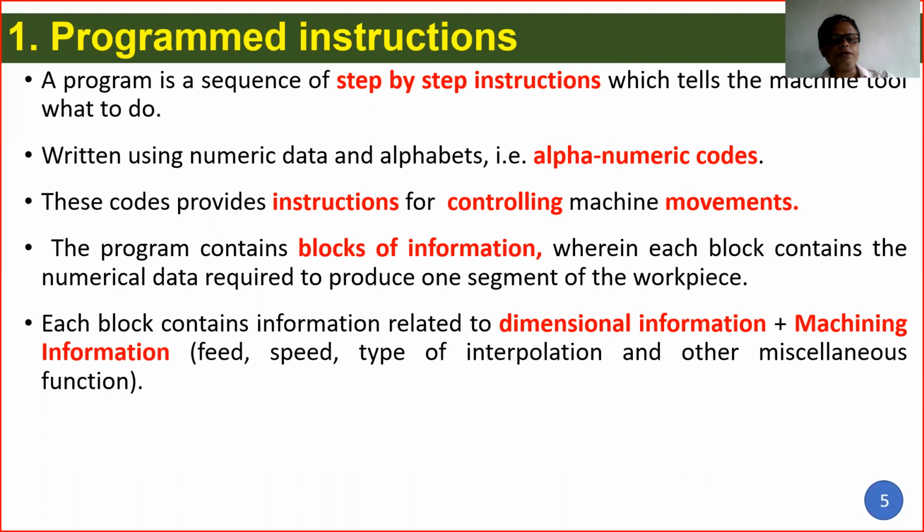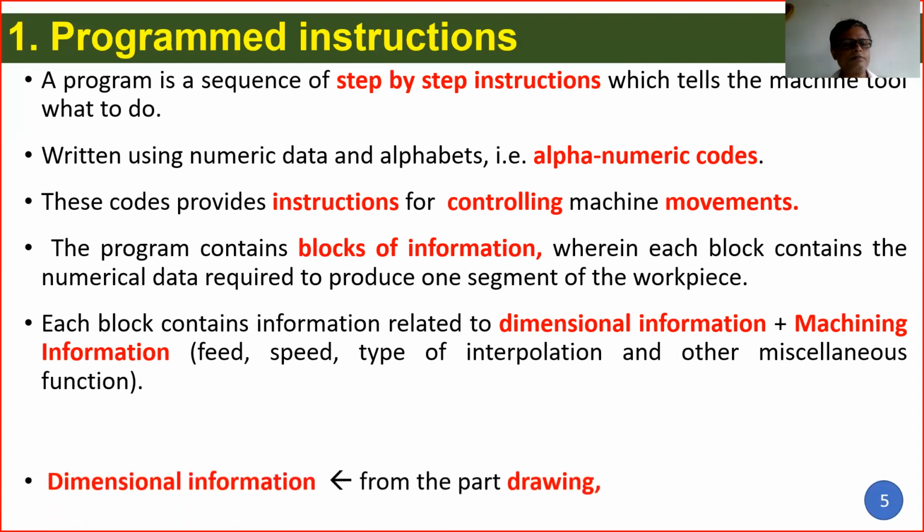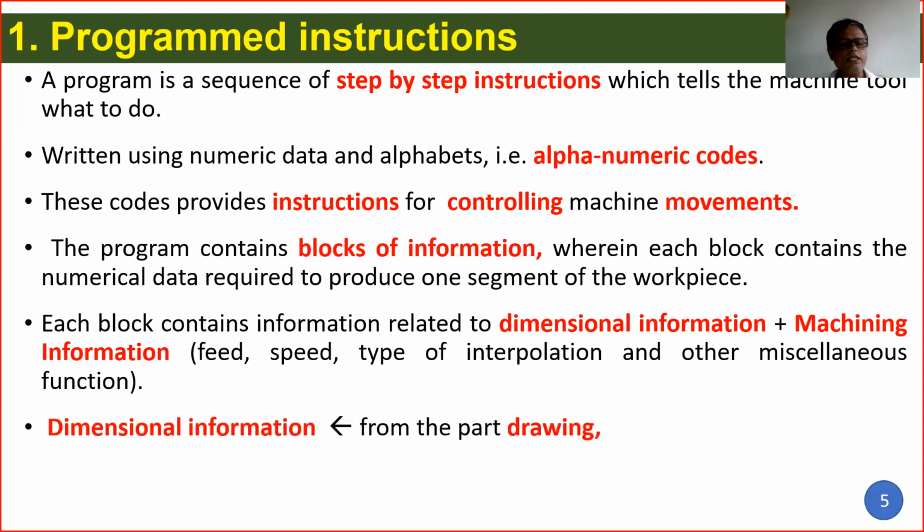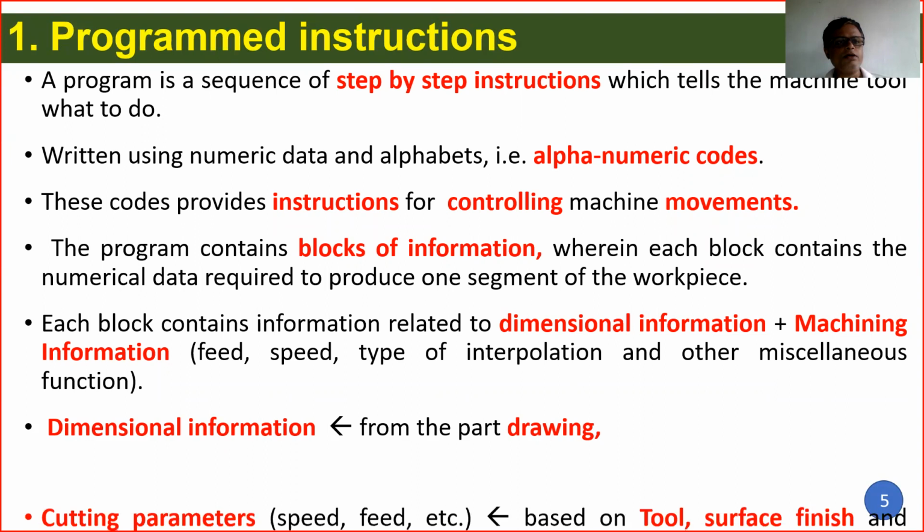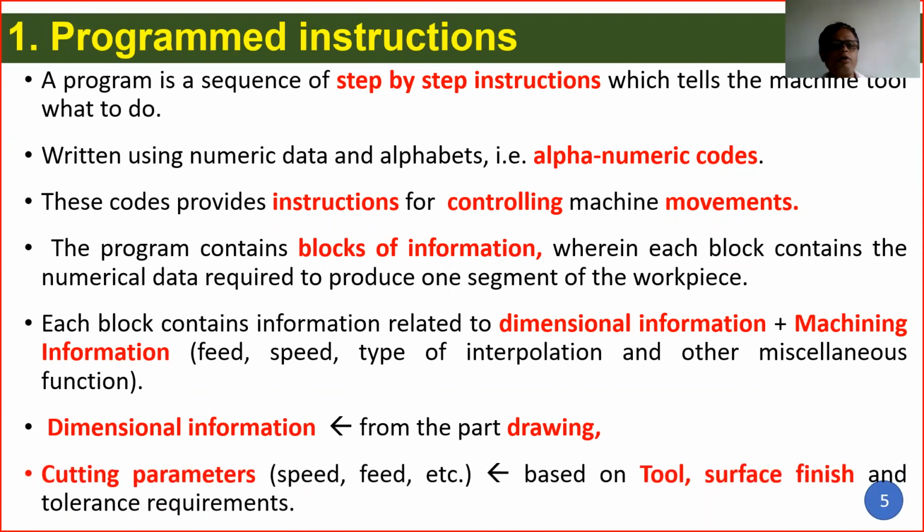Machining information is feed, speed, and even depth of cut, type of interpolation and other miscellaneous functions. Then there is also dimensional information which comes from the part drawing. So these are all the programmed instructions which are fed to the machine tool step by step.